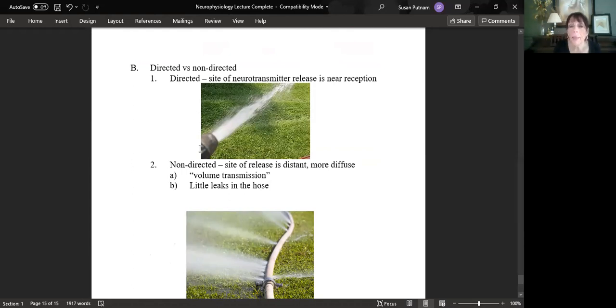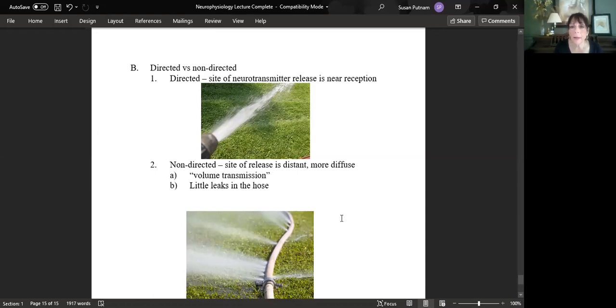But that is only one of a couple of kinds of release. That is directed, when the site of neurotransmitter release is very near the reception. But there's also another form, called non-directed, where the site of release is distant and more diffuse. This is known as volume transmission.